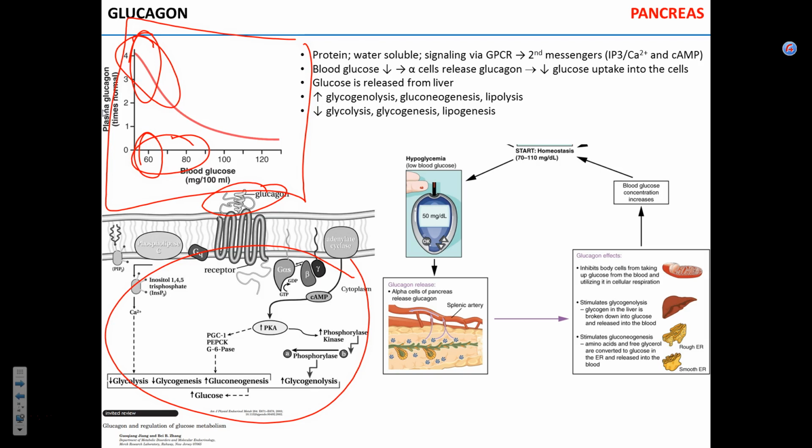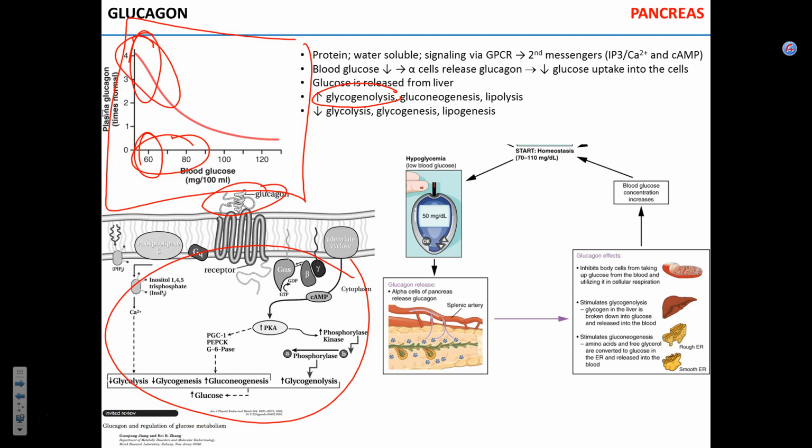Glycogen is made from glucose in order to store it. Now we have a situation when blood glucose is really low. What do you have to do with glycogen? Break it down. We made glycogen in the times of abundance. Now we had a time of need, so we need to break down glycogen. So glycogenolysis is stimulated.